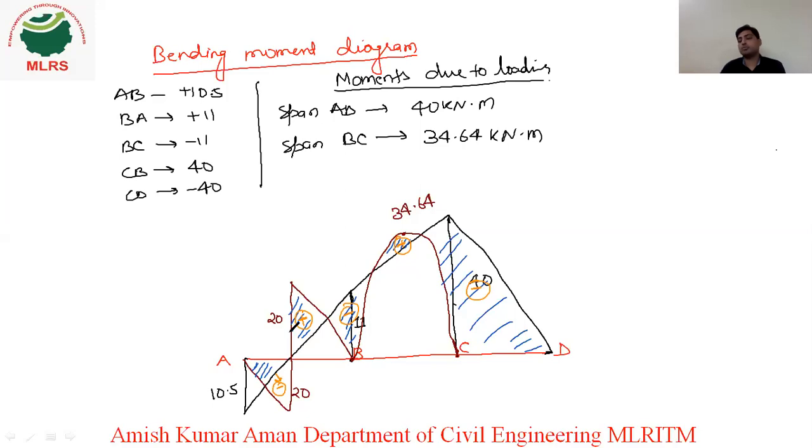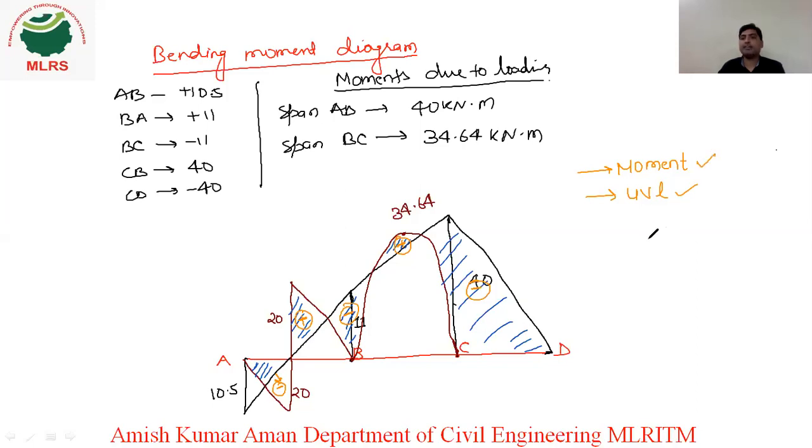This problem contains three different things as compared to the previous questions. First, the moment was given on the span directly. Second, the different thing was UVL. We haven't solved any problem on UVL, so we have solved this problem on UVL also.